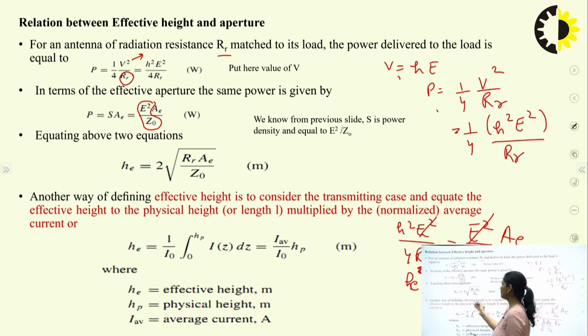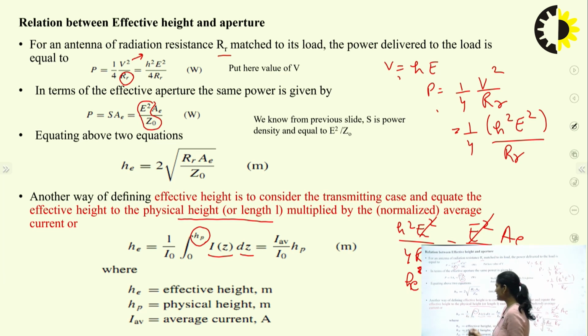Now, another way of defining effective height: let us consider the transmitting case and equate the effective height to the physical height, that is length L, multiplied by the normalized average current. In terms of physical height, HE is equal to 1 upon I naught, integration from 0 to HP of I(z) dz, where HP is the physical height. So we integrate I(z) with respect to dz, with limits 0 to HP.